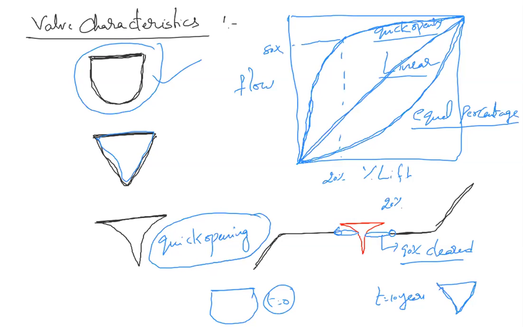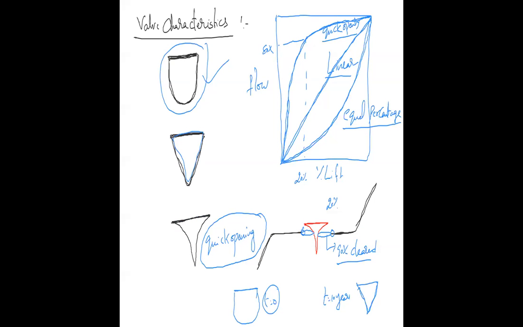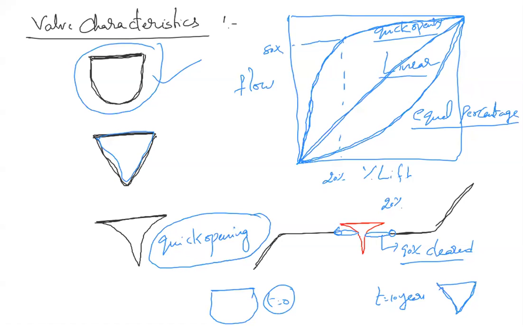But generally we go with equal percentage, because if we start with equal percentage, maybe after some years of operation, the valves will become linear. The first one is equal percentage.